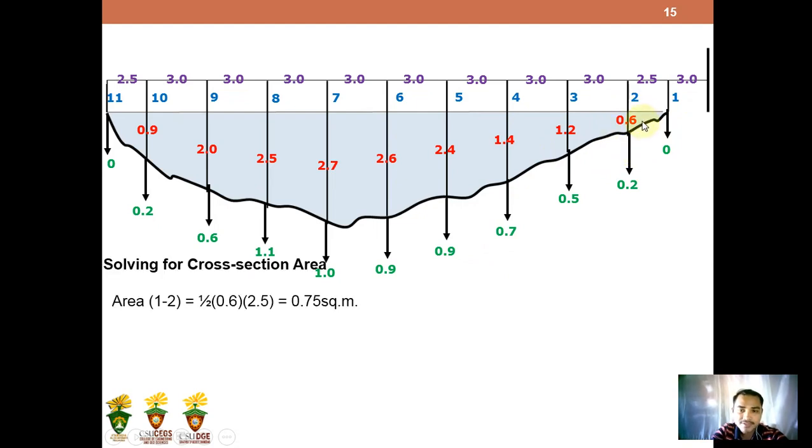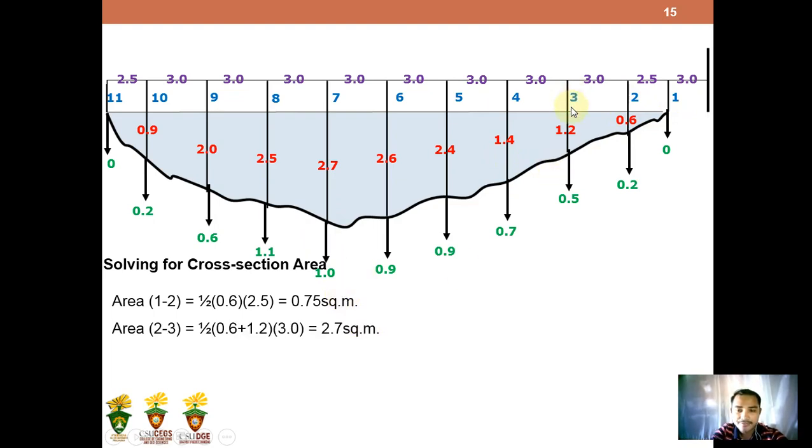So let us first solve for the cross-sectional area for verticals 1 and 2. To get the area of these specific verticals, we're going to use the formula for the area of a triangle. So we have 1/2 times 0.6 times 2.5, which results into 0.75 square meter.